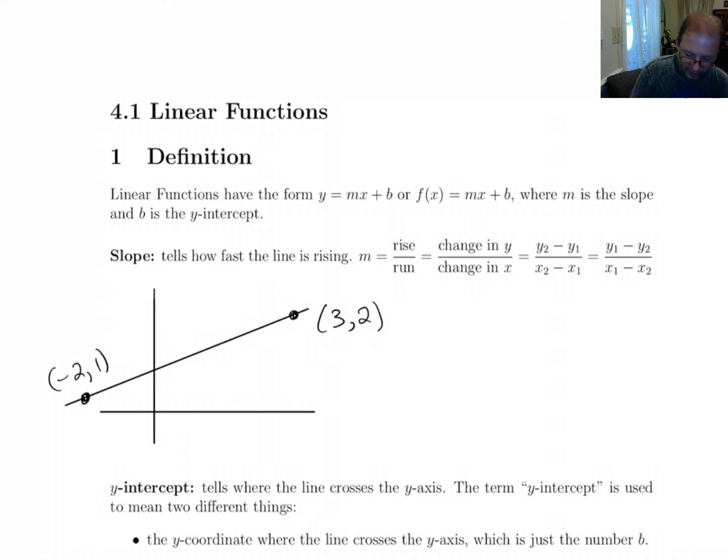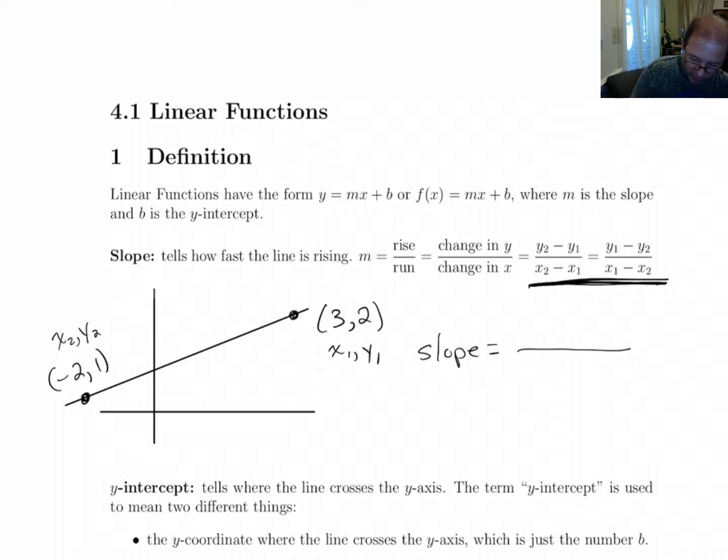So the slope of this line would be, you pick one of these to make it x1, y1, and the other point to be x2, y2, and then you plug into one of these equations over here. So the top is going to be the difference in y's, so I'm going to do 2 minus 1.